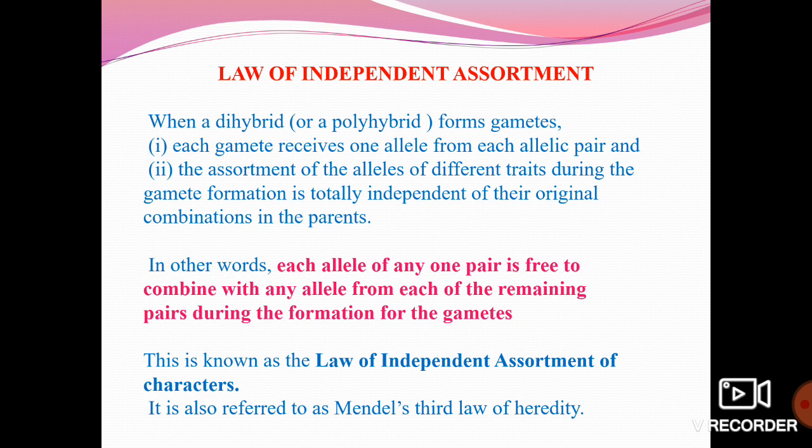The law says when two individuals differing in two or more pair of contrasting character. You can see here that we are differing from the earlier statement when we said when two individuals differing in one pair of contrasting character. Here we are saying that when two individuals differing in two or more, now this more can be many more, as many more that can be.